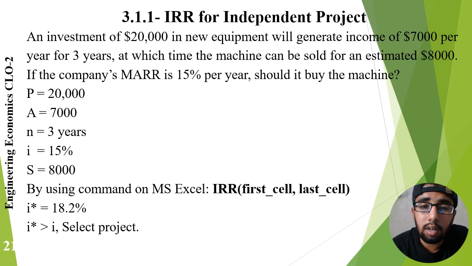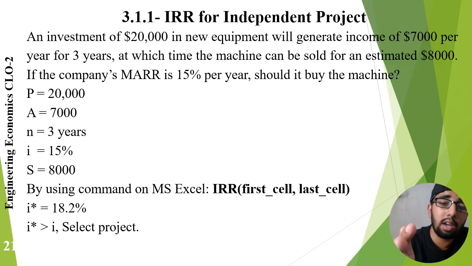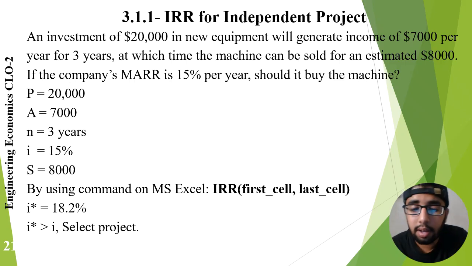Now, slide number 21. I have shown you the example of IRR with an independent project. This example demonstrates the use of IRR. The project requires an investment of $20,000 and generates annual income over 3 years.